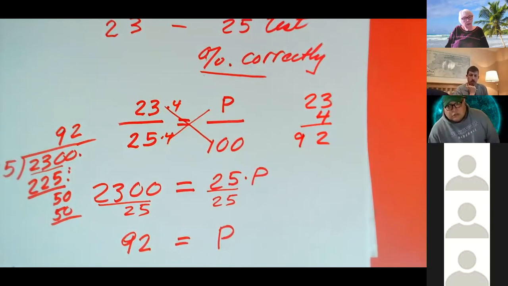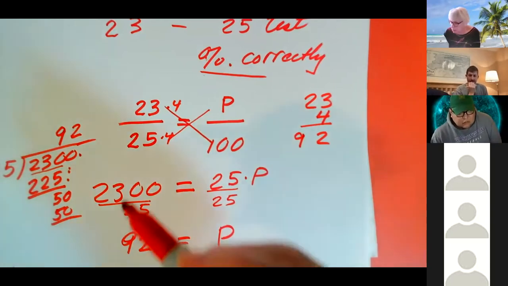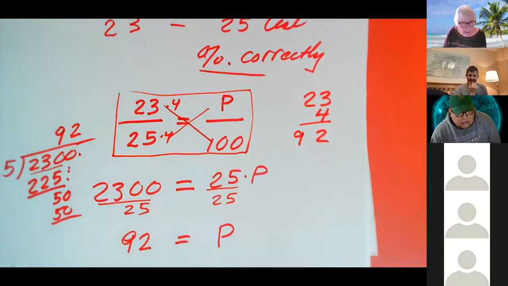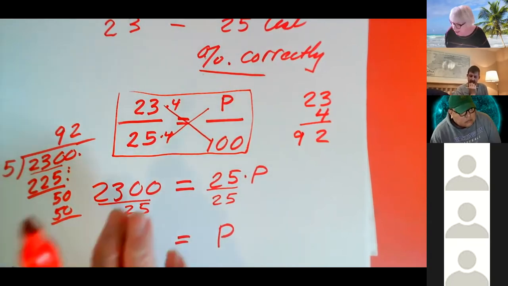Some things just pan out and some things don't, but this setup will work for even the lousy problems. And so this is what you need to be aware of, okay? Test scores, whoever it was, got 92%.